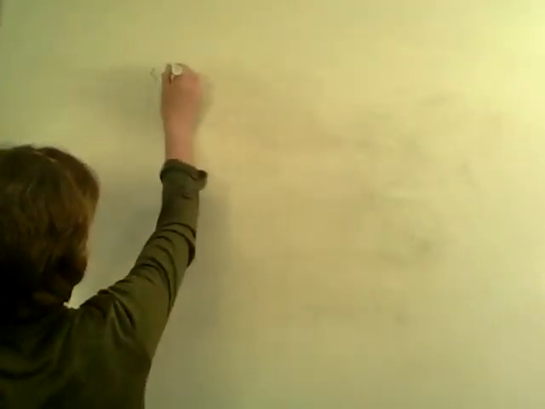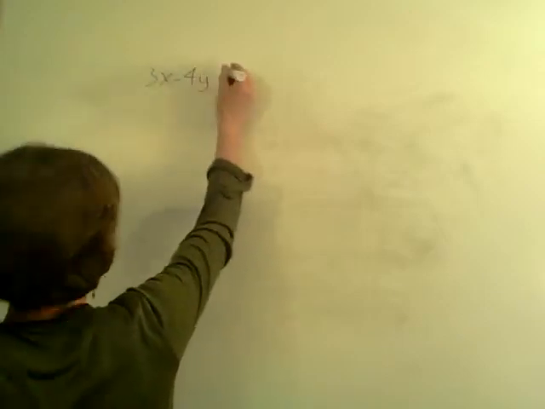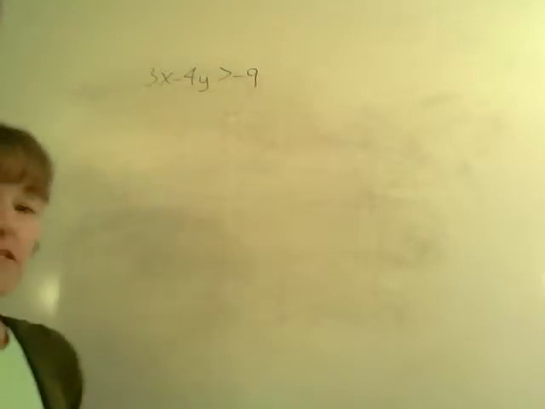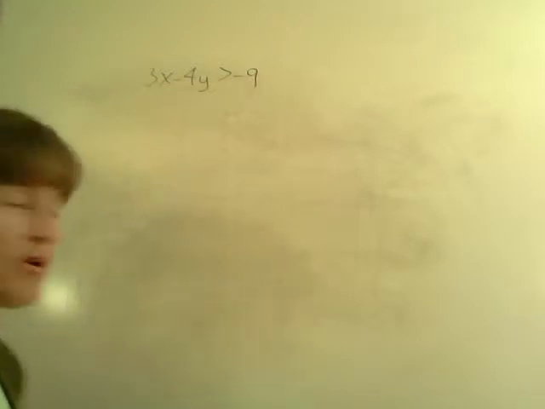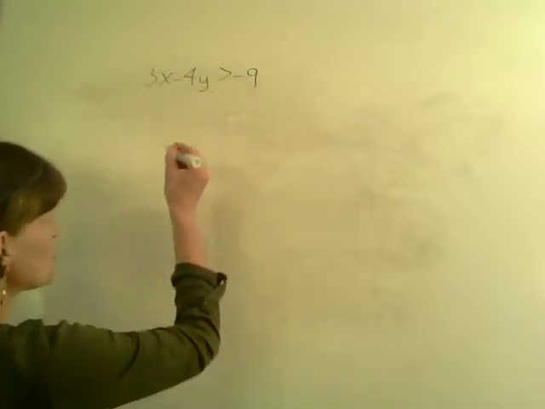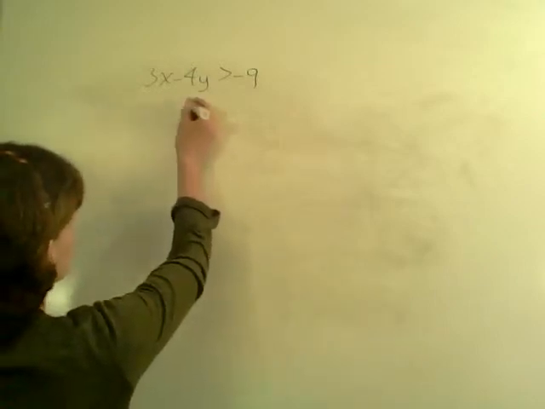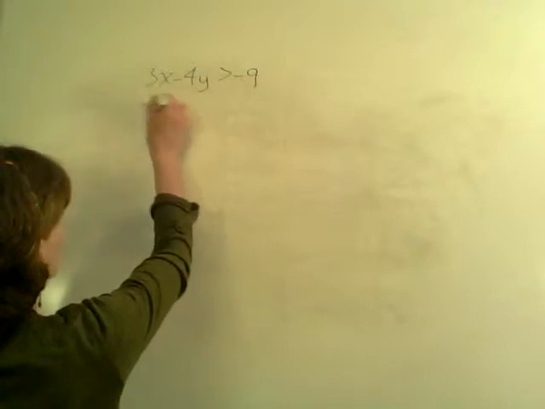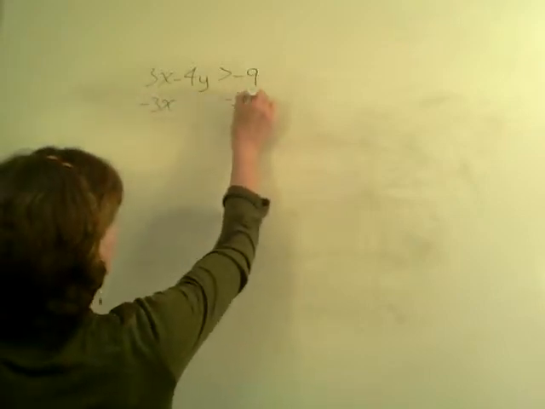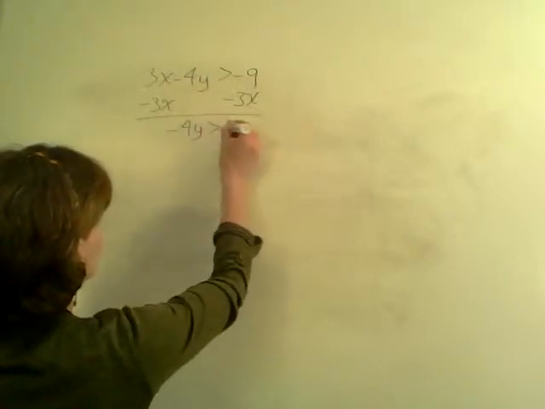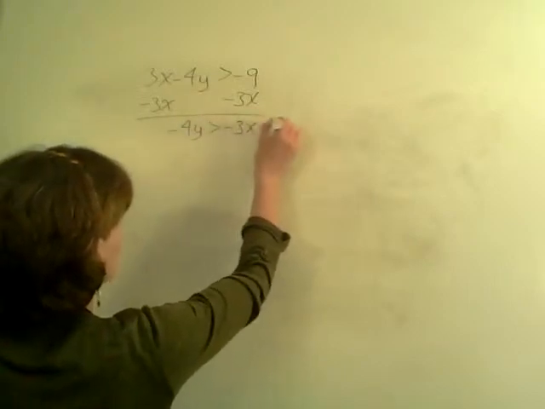All right, another one. Sometimes your lines aren't solved for y. Here's a line equation that is not solved for y. 3x minus 4y is greater than negative 9. Now, in order to graph this line, I'm going to solve it for y. You don't have to, but that's what I'm going to do. So I'm going to move the 3x over, and then I get negative 4y is greater than negative 3x minus 9.